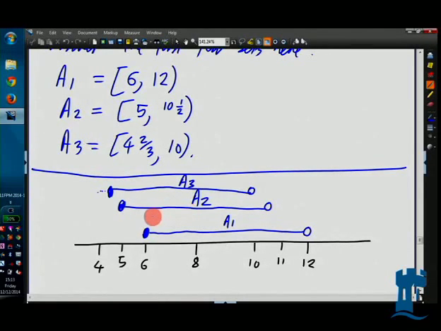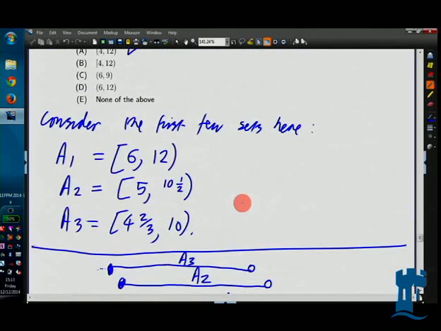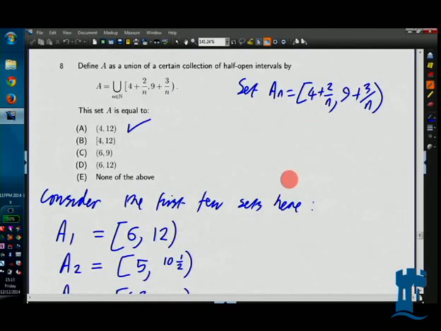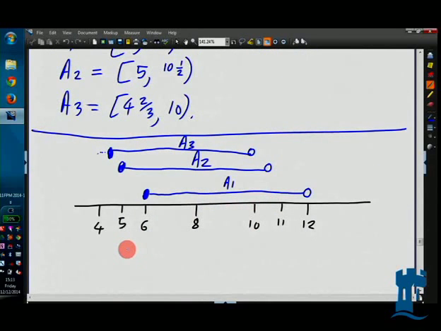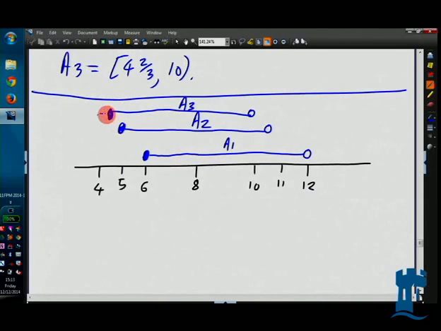Was it 4 2/3? Let's see if I've got that right. Yeah, that's right. Okay, so the union gives you everything strictly to the right of 4 and strictly to the left of 12. And all of those things will be in at least one of these intervals.